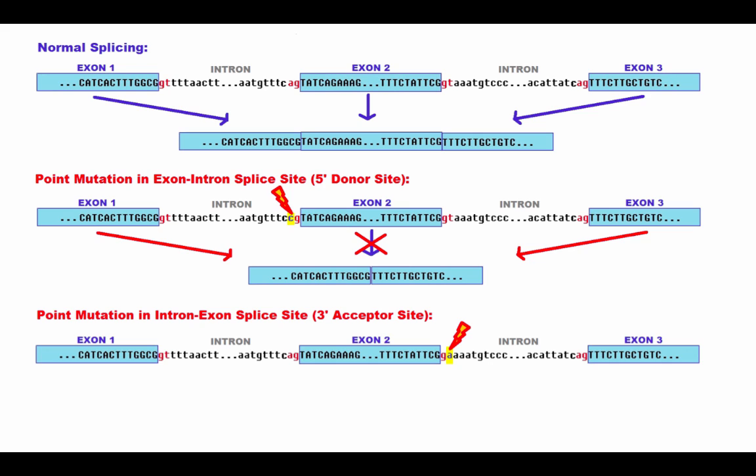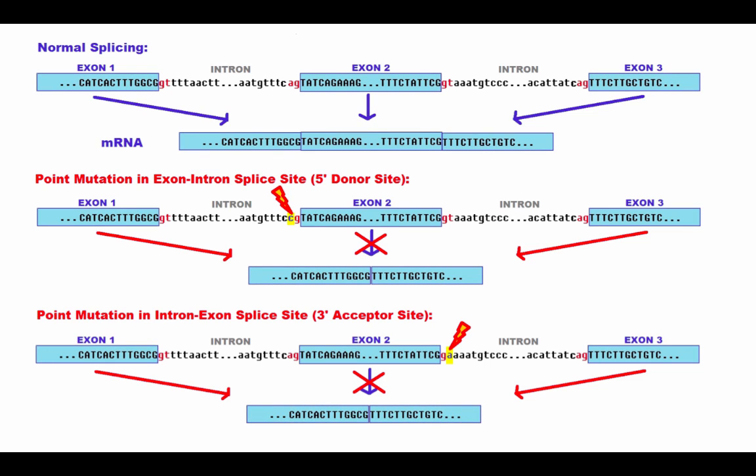So before we had GT, which was an acceptable 3' acceptor splice site, and now it is no longer. Because of this, it is again apparent that exon number 2 cannot be fully excised out of the initial mRNA transcript. This then results in a truncated mature mRNA transcript that only possesses a fusion of exons number 1 and number 3.